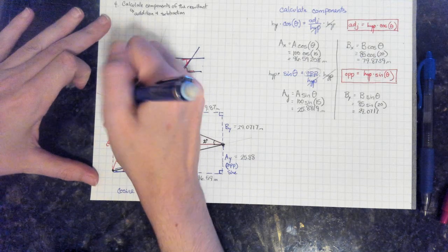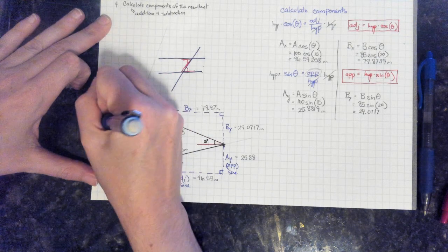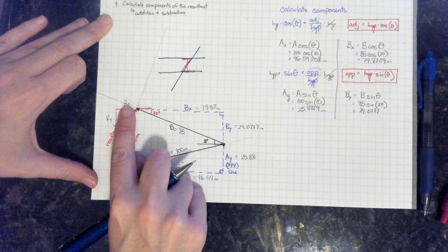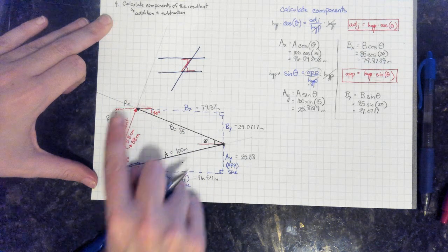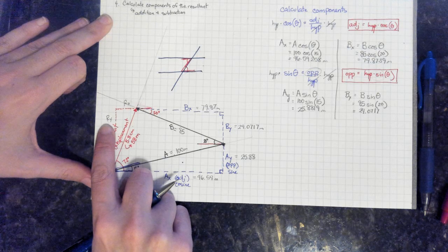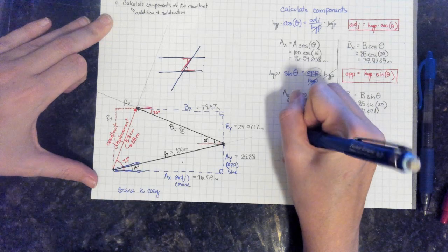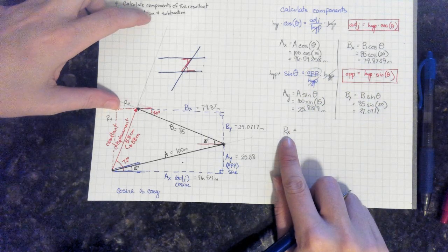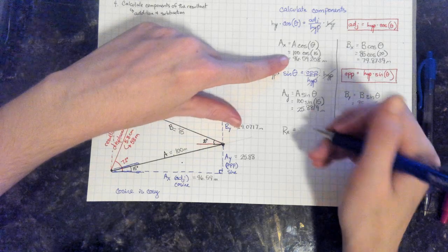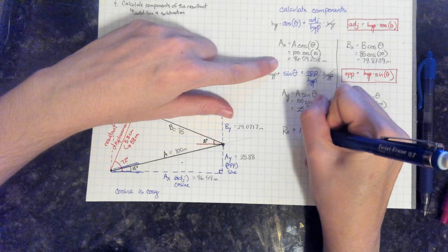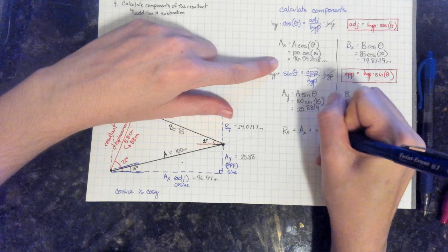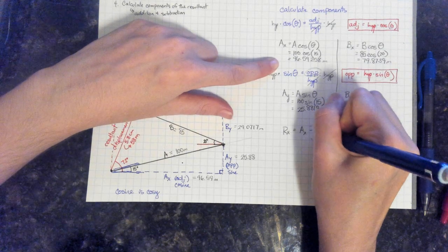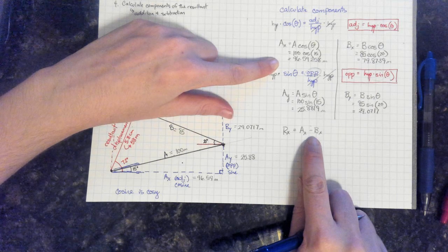So I'm going to call this Rx and Ry for resultant, the horizontal component of the resultant, and the vertical component of the resultant. So Rx equals, I'm going to write it this way, Ax plus, oops, not plus, minus Bx, because Bx is negative.